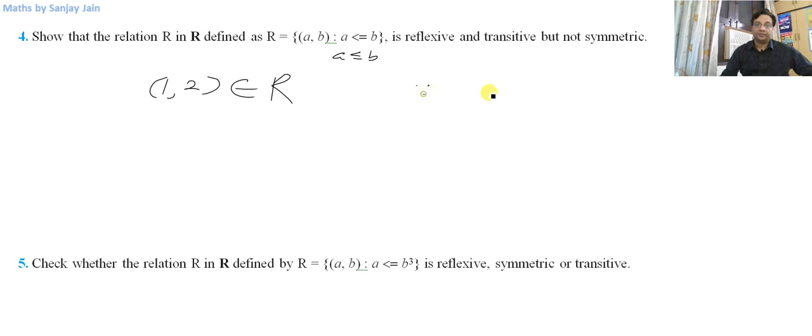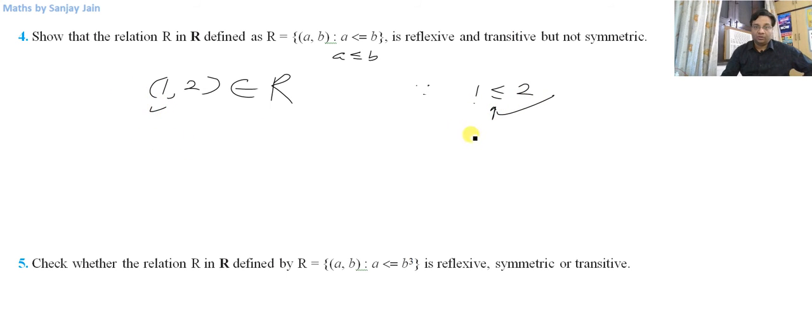Because 1 is less than or equal to 2. This symbol means less than or equal to. So if the number on the left is less than or equal to the number on the right, then this order relation is justified. Now 1 is less than 2, so it will be in this relation.